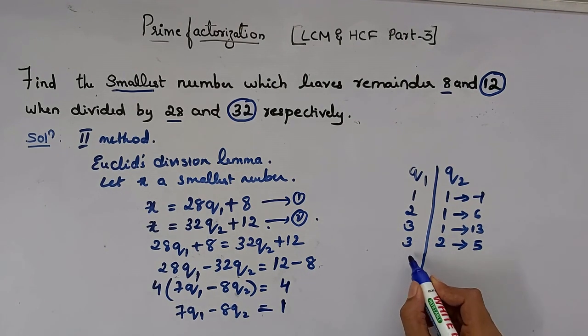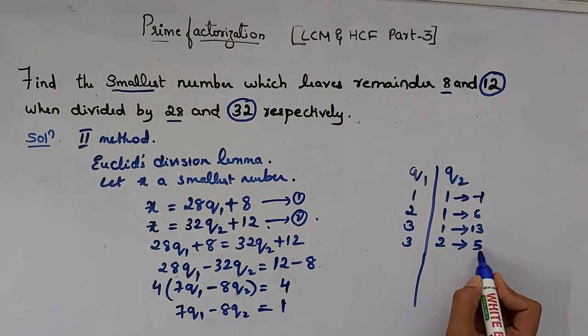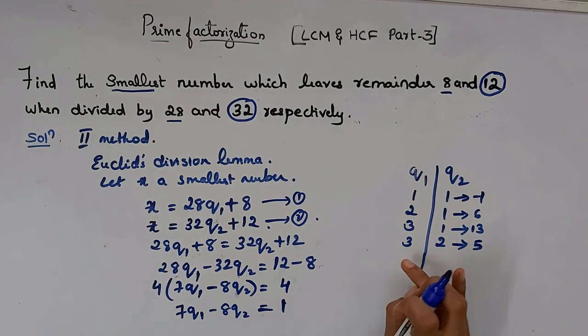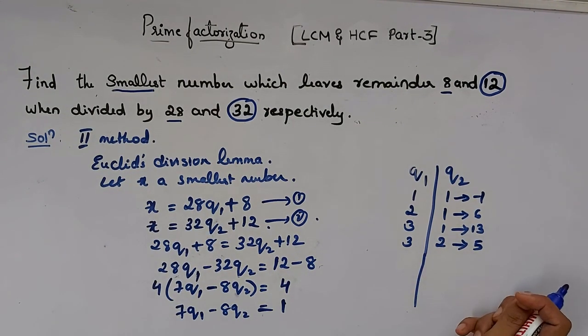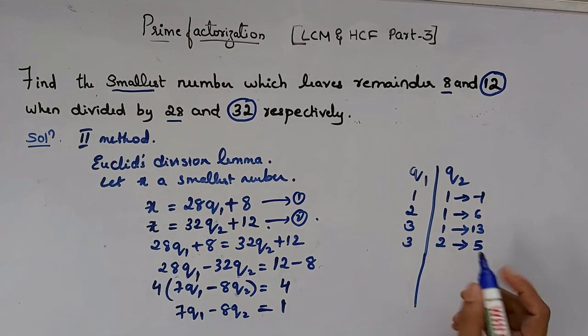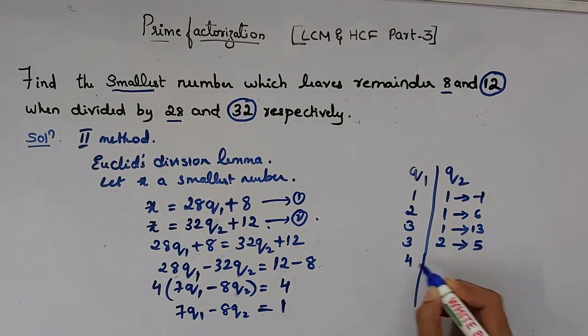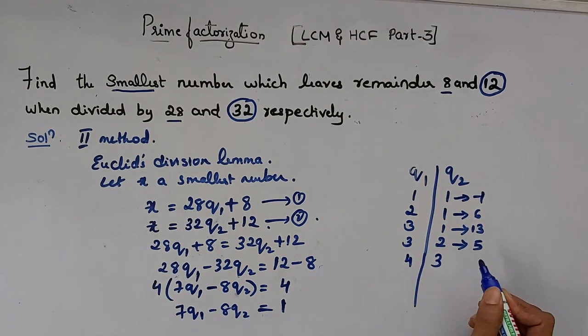Alright. So now it started decreasing. When you put 3 and 3, you will get a negative number here. So you have to go for 4 and 3. So this will give you 4 as remainder.